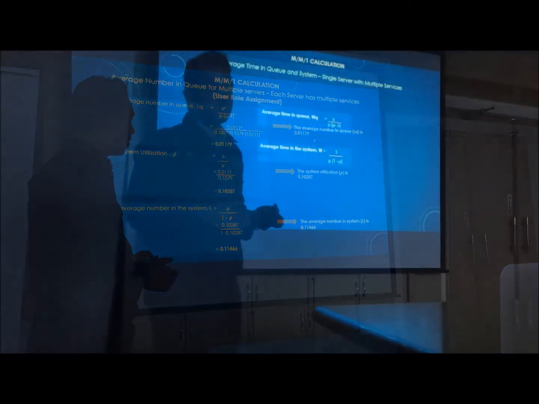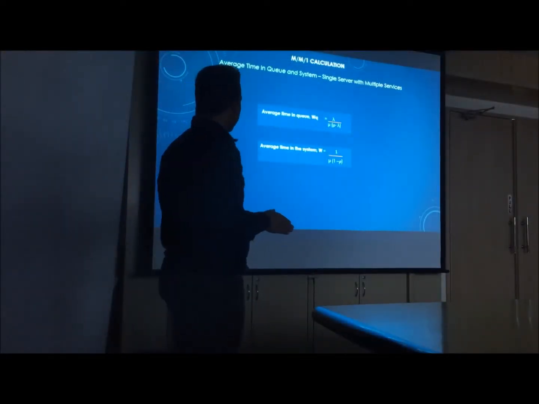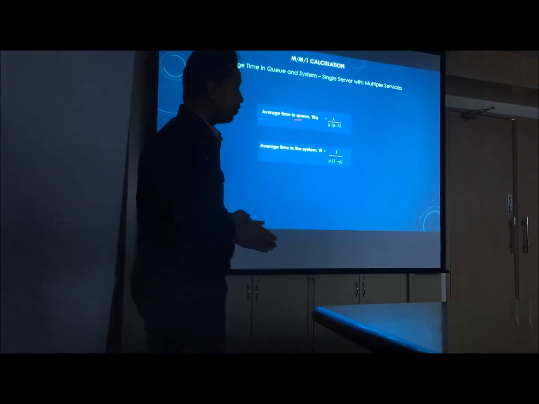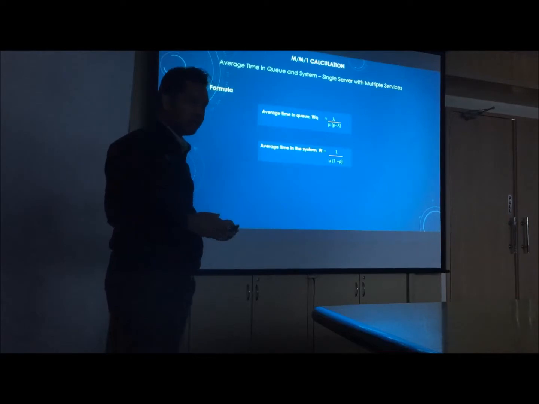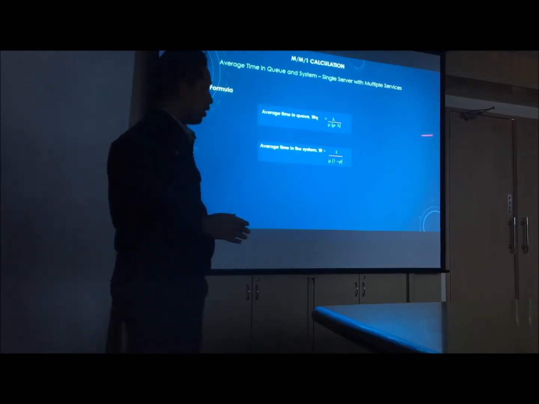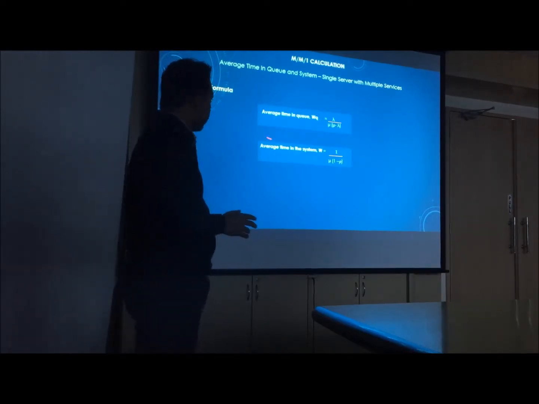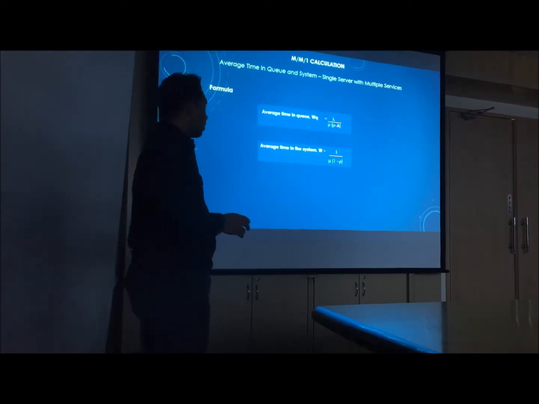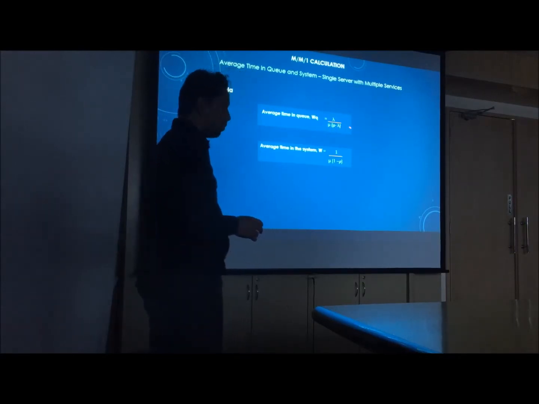Okay, now we calculate the average time in queue and system for the single server with multiple services. So this is the formula to find the average time in queue and the average time in the system. The formula for the average time in queue, you can see here, is WQ equal to lambda divided by mean multiplied by mean minus lambda.